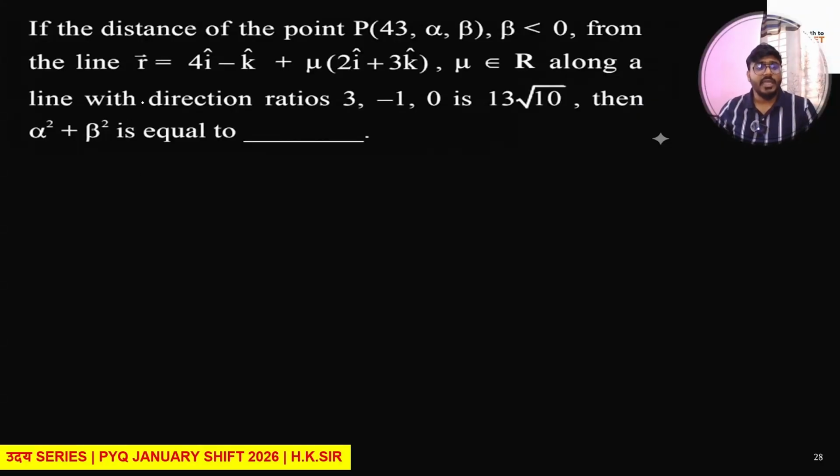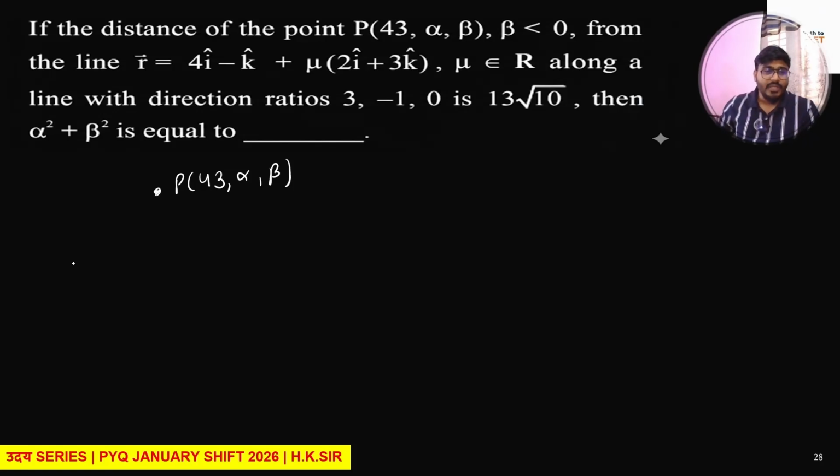In this question it is said: if the distance of the point from the line, along the line with the direction ratio this one. There is a point P, 43 comma alpha comma beta.